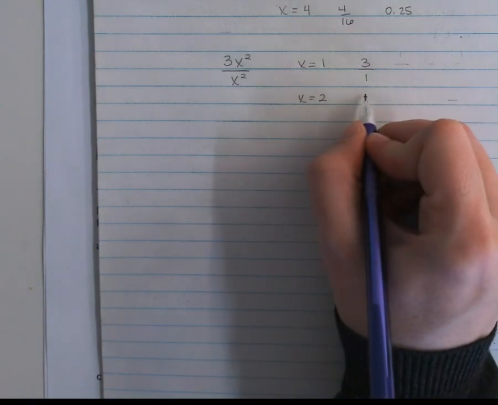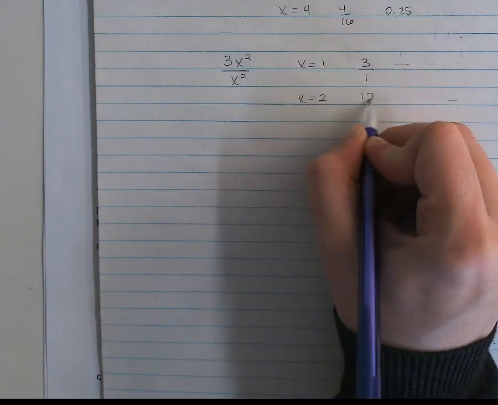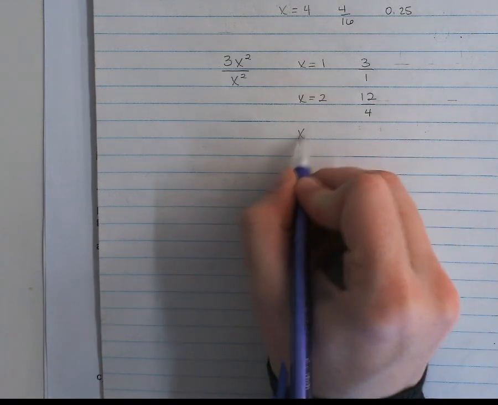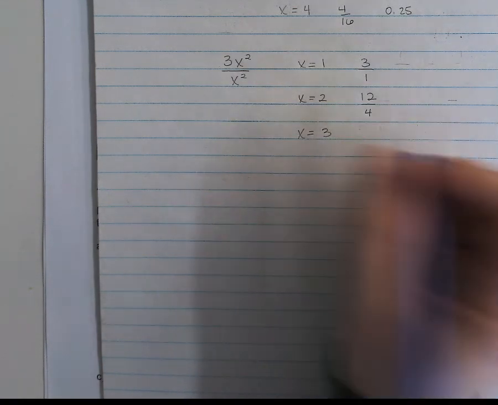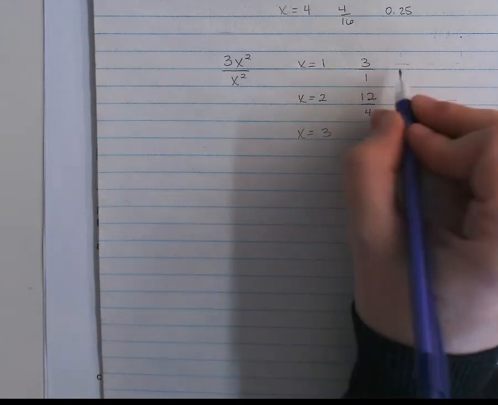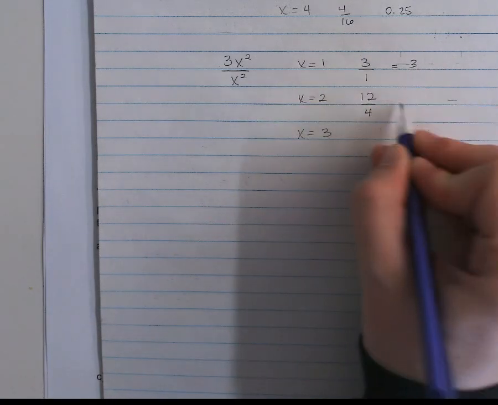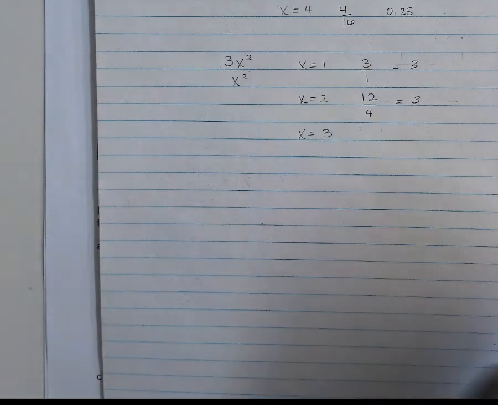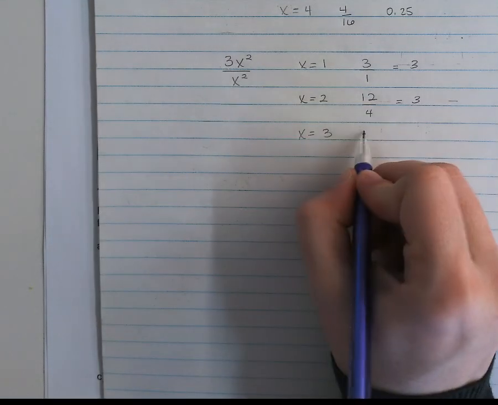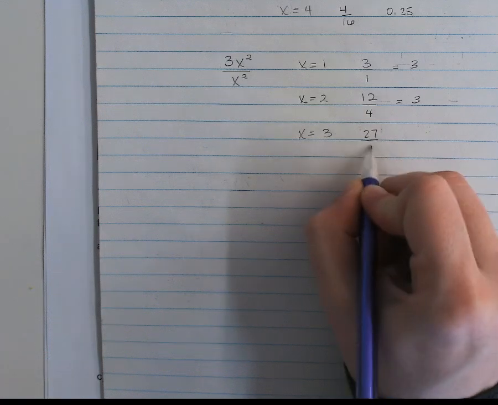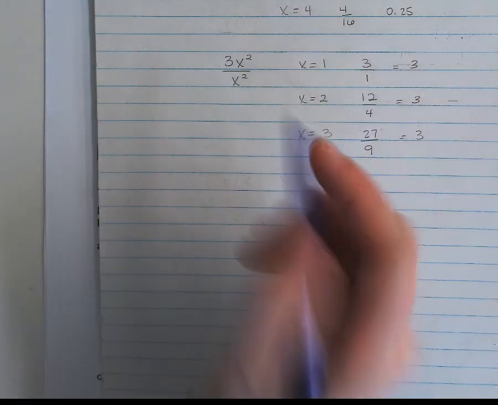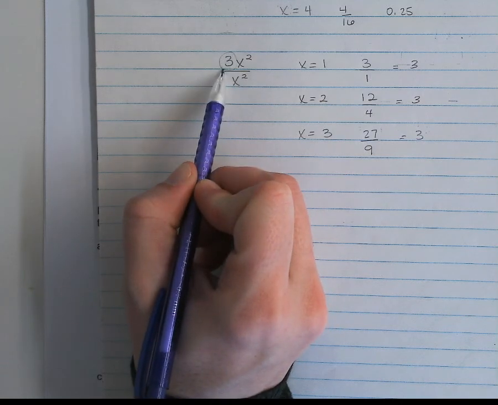We would get 12 over 4. Now if you notice already, these are equal to 3, equal to 3. This one's going to be equal to 3 as well, because you've got 3 times 9, which is 27 over 9. So you'll notice that for this graph, those y values are all equal to 3.